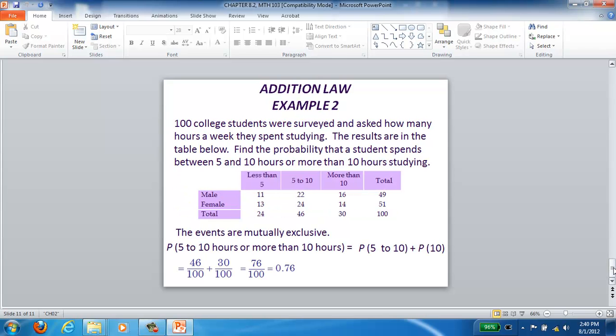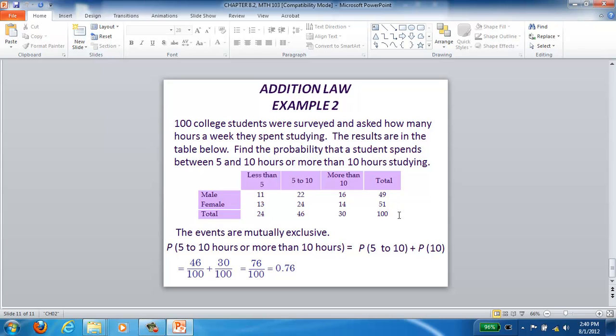One more problem. If you have a table, the first thing that you have to do is to figure out the total of the rows and the total of the columns. So we have 49 male students, 51 female, 24 who study less than 5 hours, 46 between 5 and 10, 30 more than 10, total of 100.